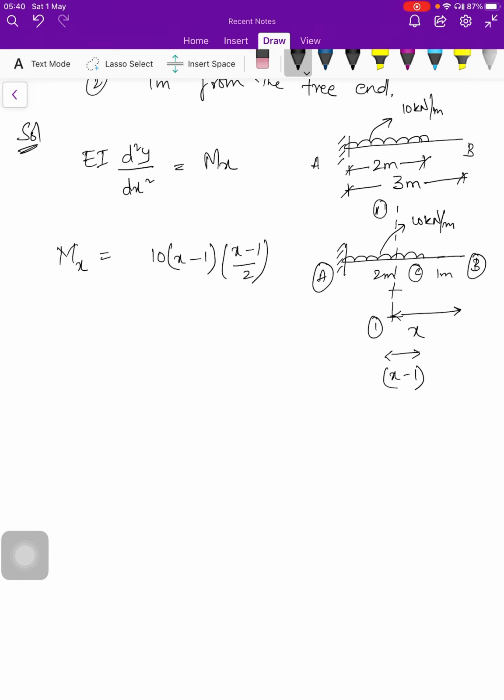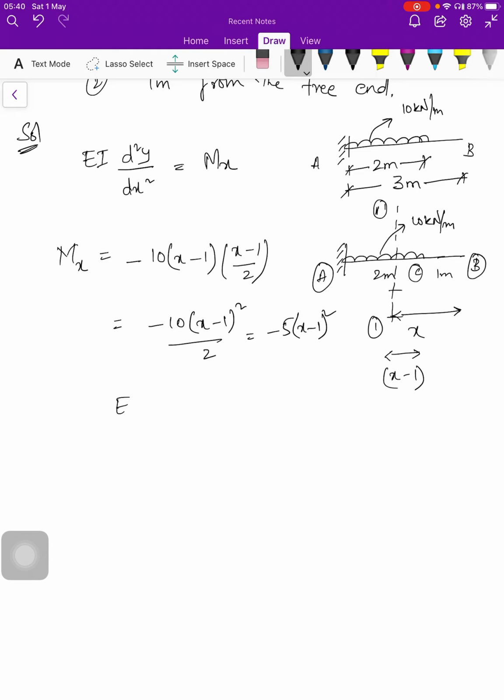If you convert this load into a point load, the intensity will be 10 into (x minus 1), and it will be acting at half of the length of UDL beyond the section. So it is (x minus 1) by 2, and this should be negative because it is a hogging moment. So minus 10 into (x minus 1) square by 2, which is equal to minus 5 into (x minus 1) whole square. This is the Mx equation to be substituted in the governing equation.